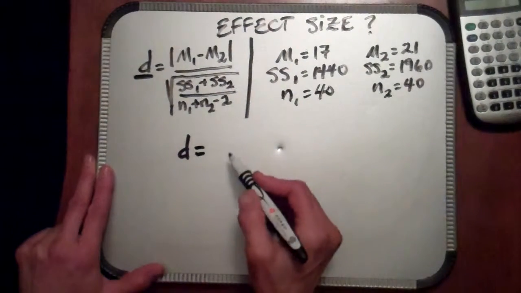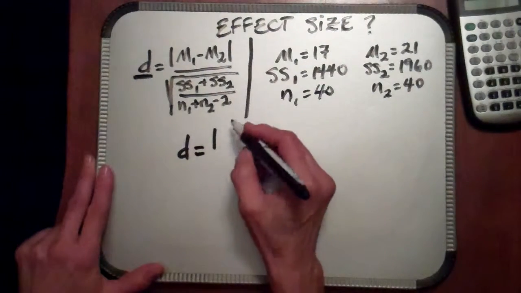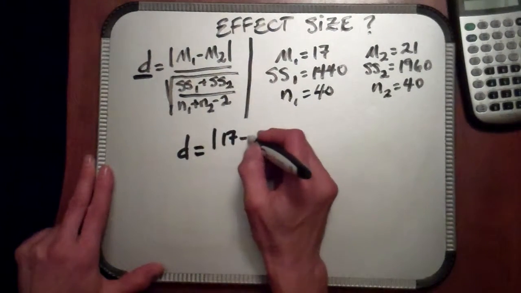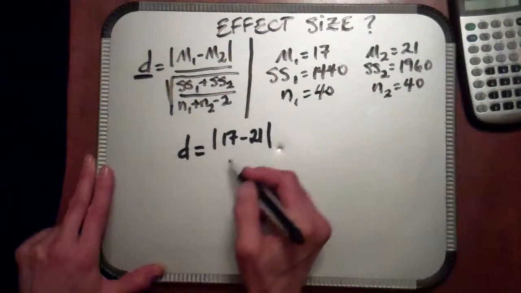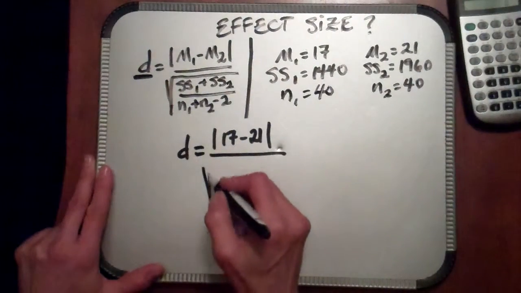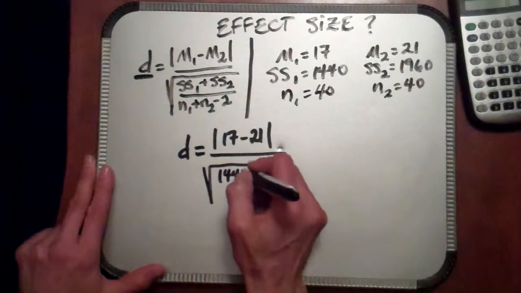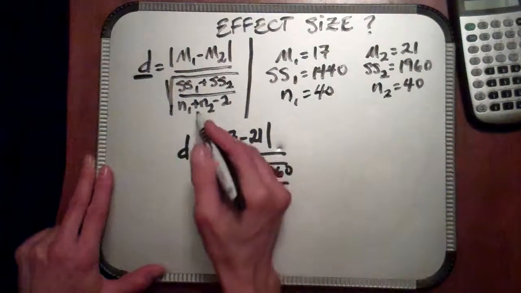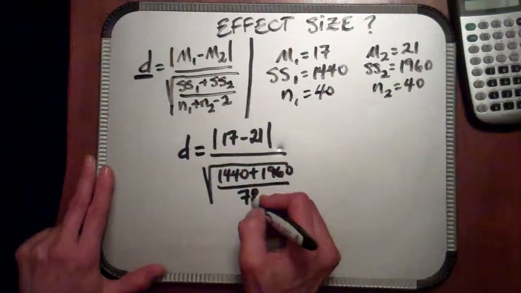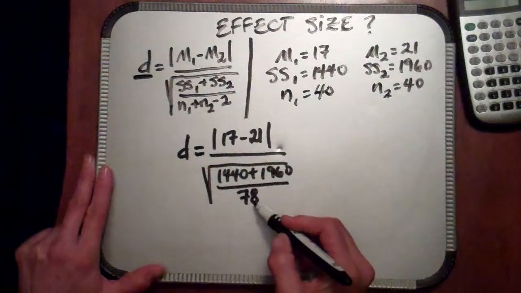So in this case, we're going to have the absolute value of mean 1 minus mean 2, and we know the mean value for group 1 is 17 minus 21, and that's divided by the square root of 1440 plus 1960 divided by 78, our degrees of freedom, right? 40 plus 40 is 80, minus 2 is 78.